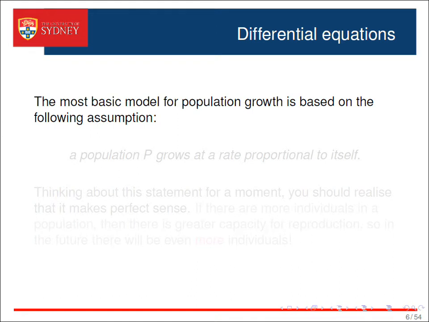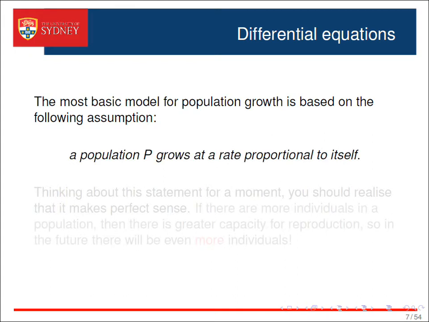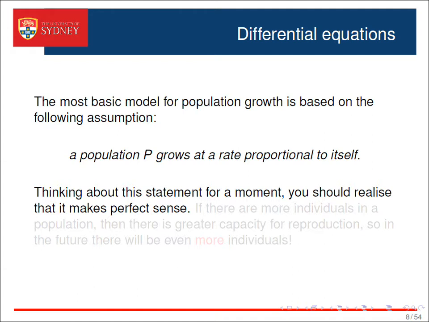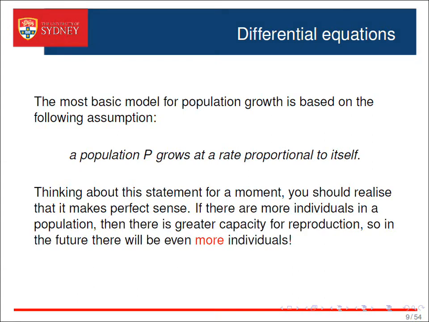Let's have a think about the most important property that a basic model of population growth should satisfy. The assumption that a population grows at a rate proportional to itself makes sense when you think about it. Indeed, if there's more people around, there's a greater potential for the creation of more people.